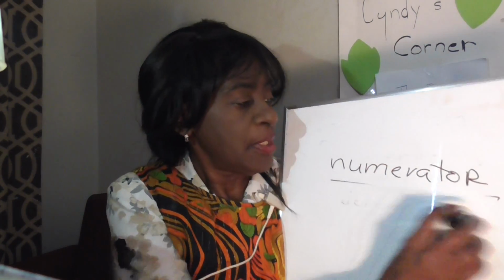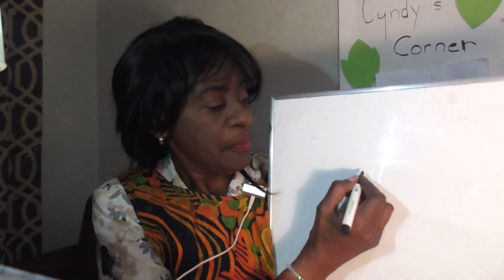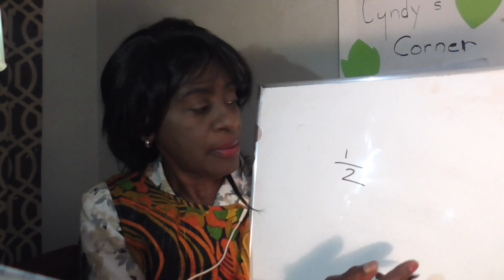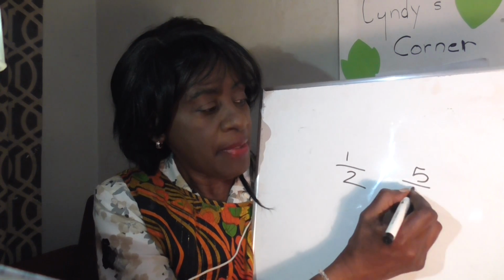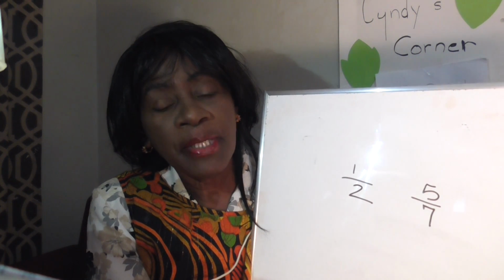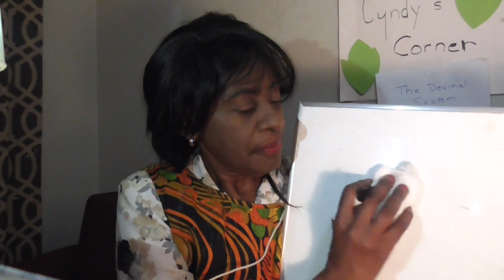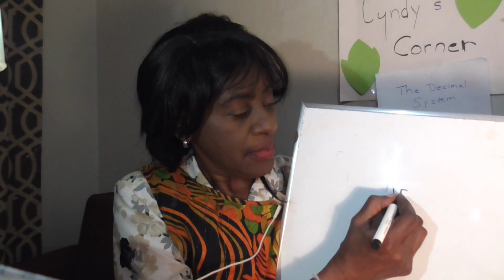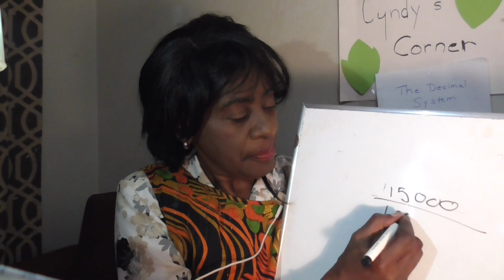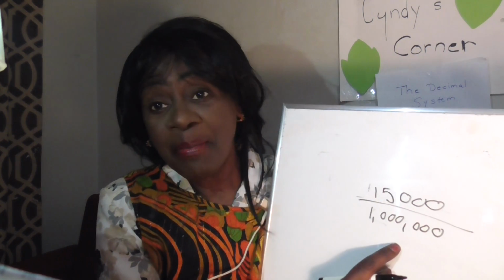That's a fraction. Fractions are written in this form: 1/2. 1 is the numerator, 2 is the denominator. 5/7. 5 is the numerator, 7 is the denominator. $15,000 over this number.